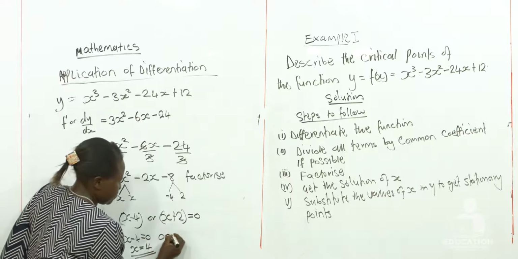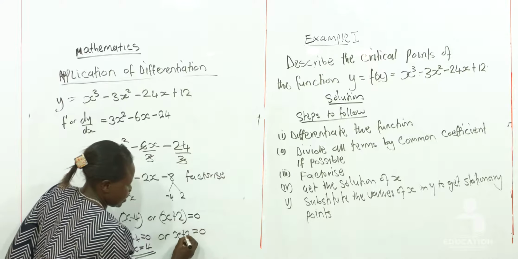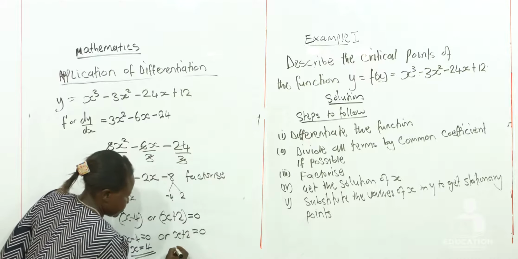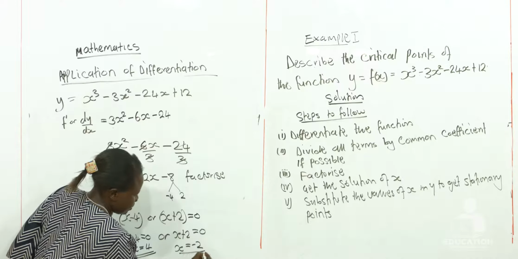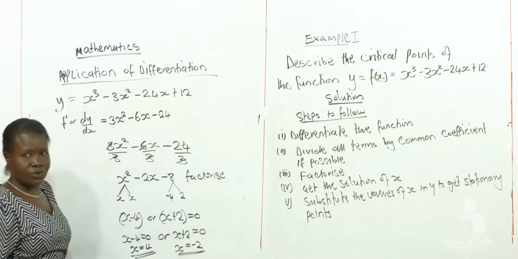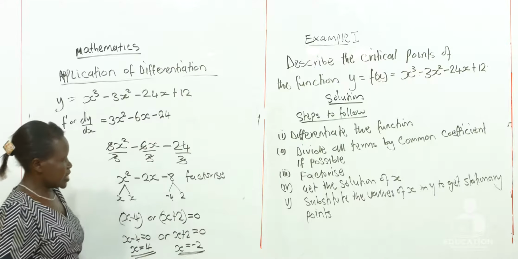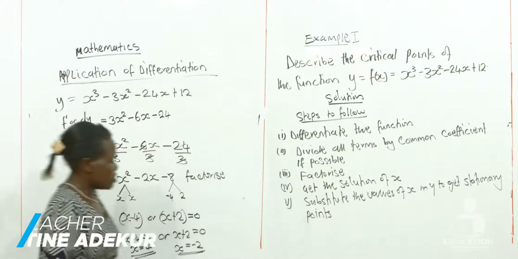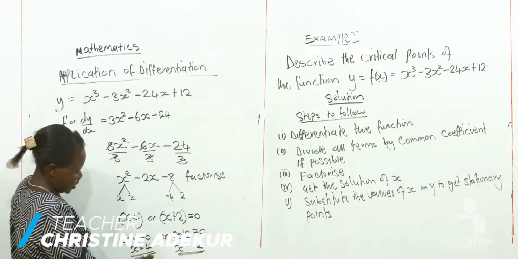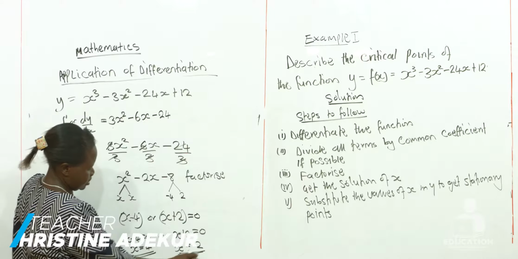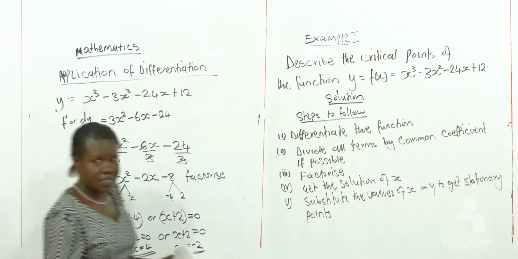Or if x plus 2 equals 0, when the 2 goes to the other side, we remain with x equals negative 2. These are the solution set of x. Then we come to Roman 5, which is substitution. Since we now know the values of x, what will happen to the given y? Then we substitute.